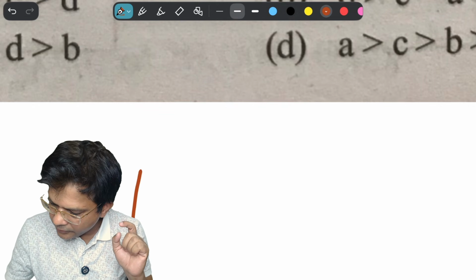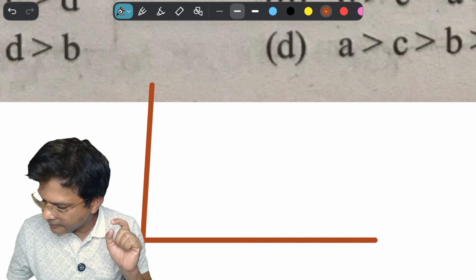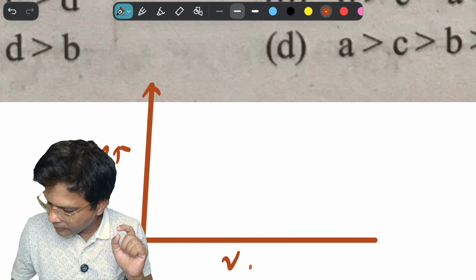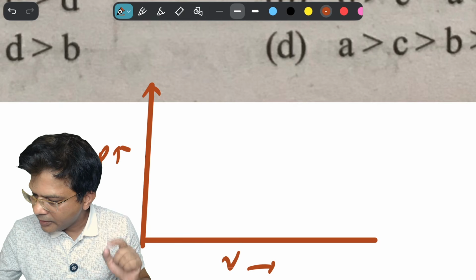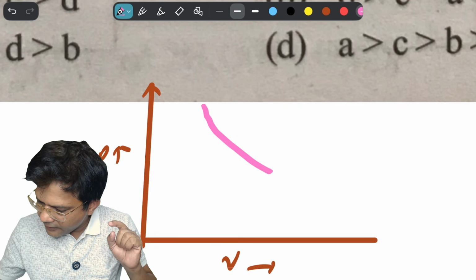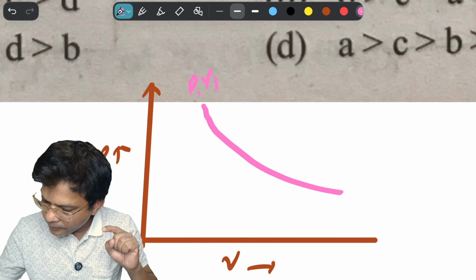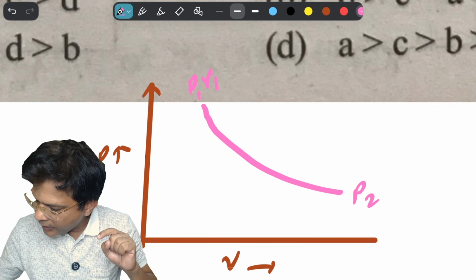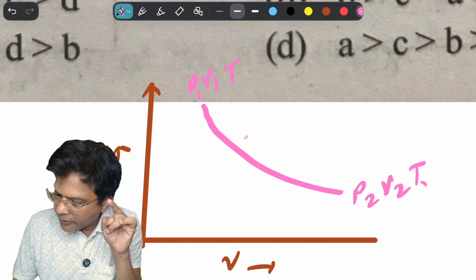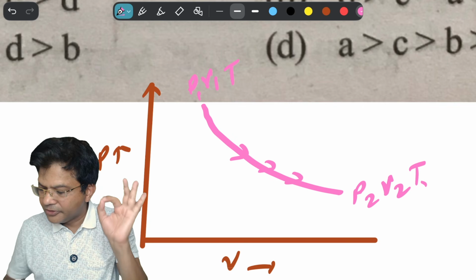Just focus. This is the pressure line. This is the volume line. Pressure, volume. Let me draw all the 4 graphs. Suppose I am moving from P1 V1 to P2 V2, because temperature is remaining same, isothermal process. So if I go like this, expansion, reversible, work done in reversible process.